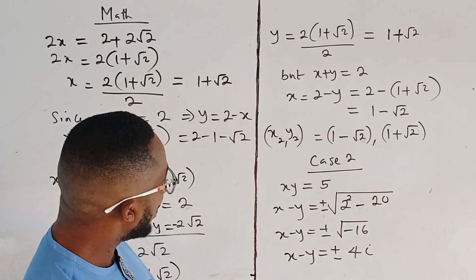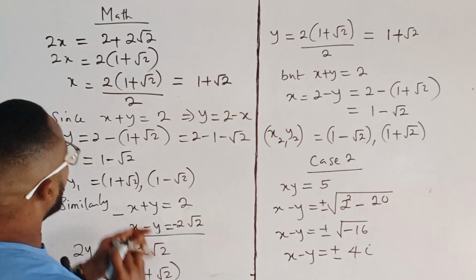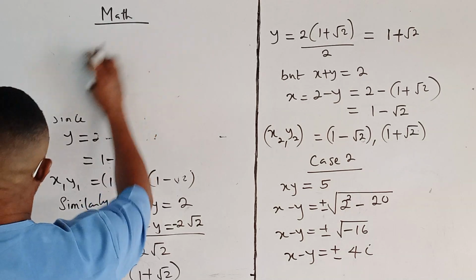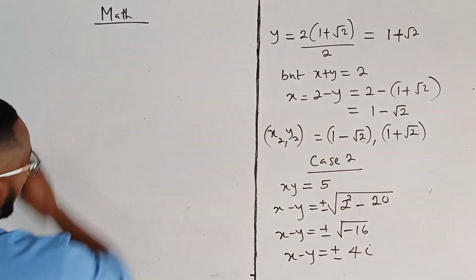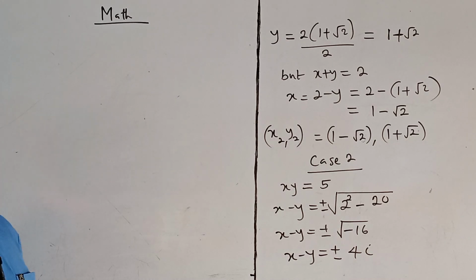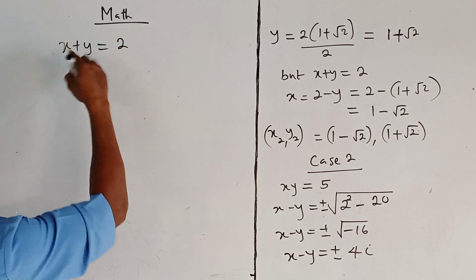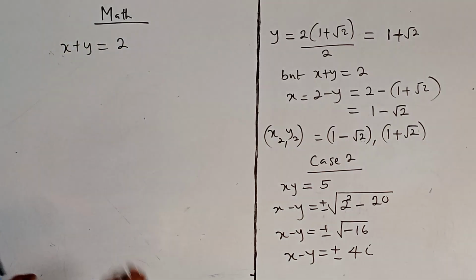So I can then find the values of x and y. I will take out this side of the board. We are at the very last lap to conclude this monstrous problem. So now that we know that s plus y equal to 2, we'll take the positive value first.